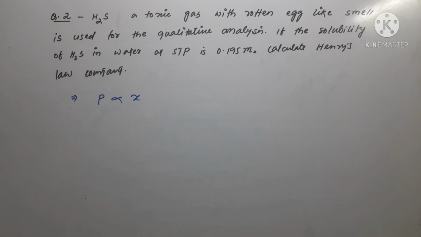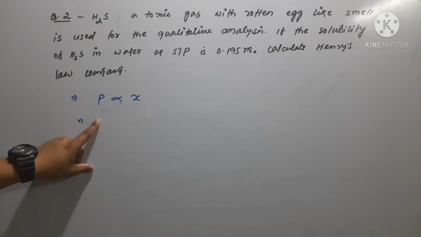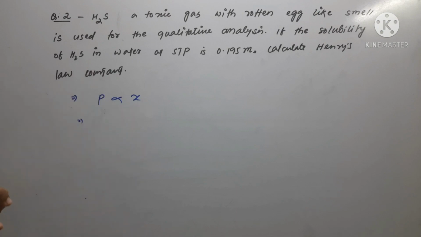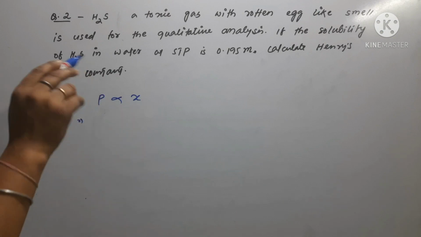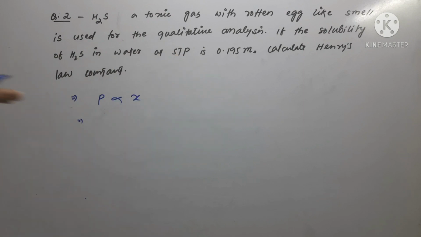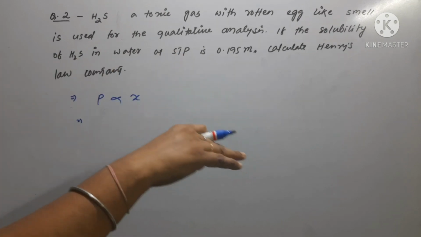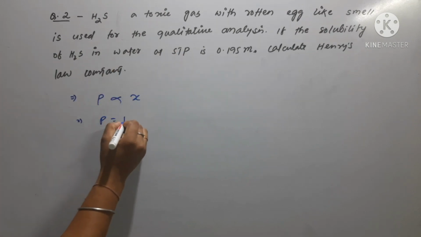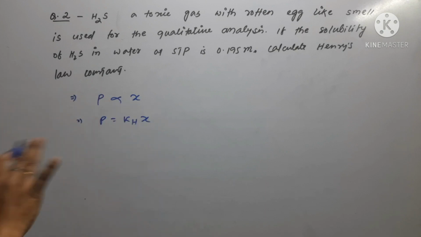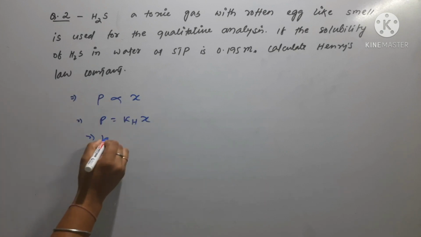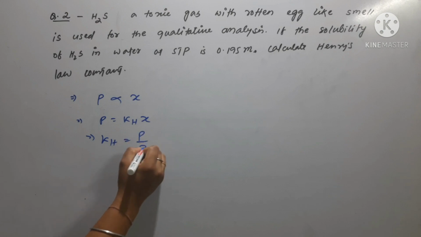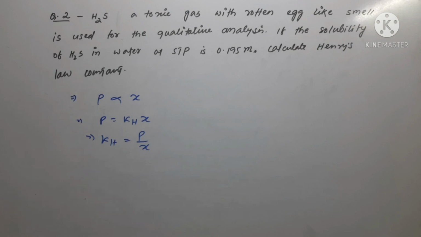So pressure is directly proportional to mole fraction. Actually, the equation is that solubility is directly proportional to the pressure of the gas over the surface of the liquid. So we write P equals K_H times x, which is Henry's law, and K_H is the Henry's law constant. If we have the pressure and the mole fraction of this H2S gas, then we could easily find the Henry's law constant.